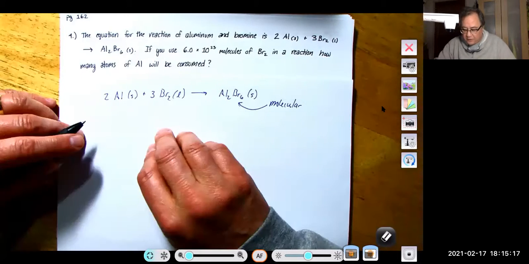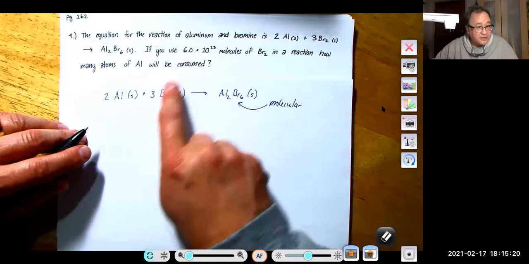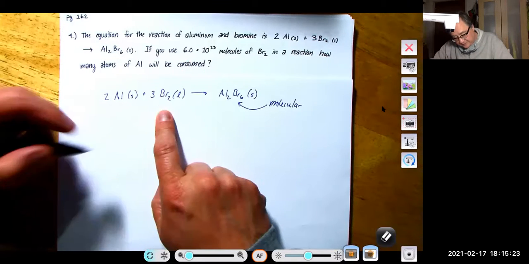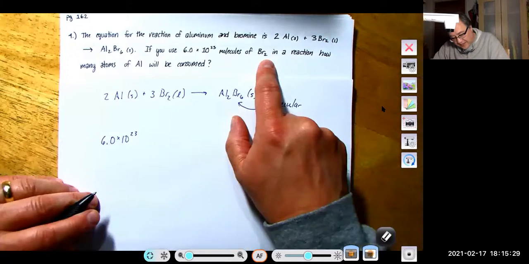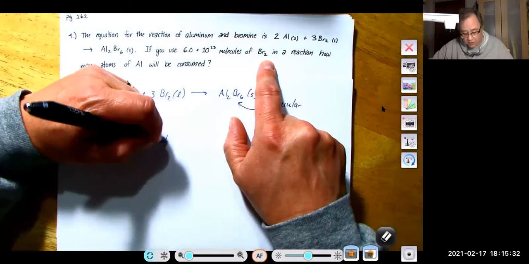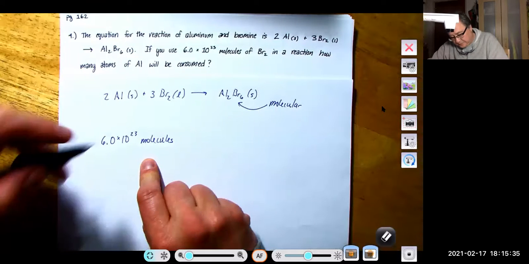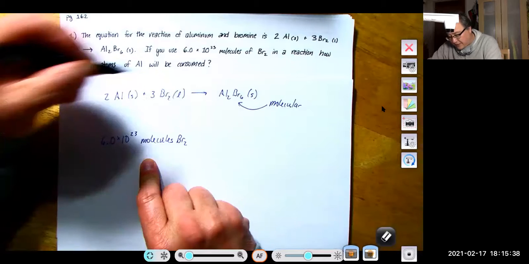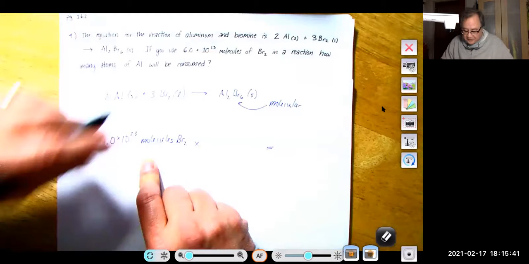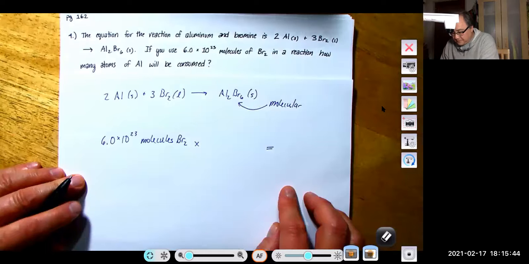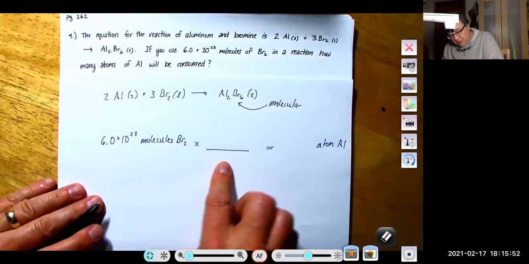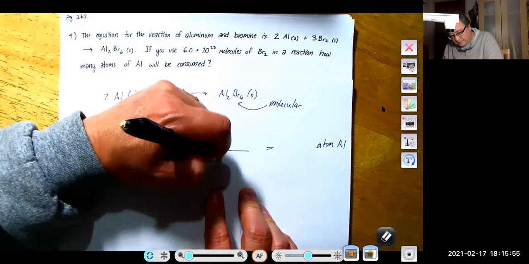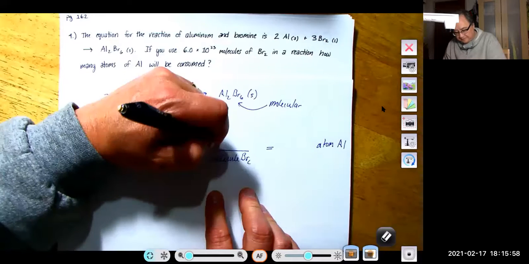Now, here, if we use 6.0 times 10 to the 23 of these, and notice they have molecules of Br2, so I'm going to go ahead and write that out. You never want to abbreviate the word molecule. And if we want to end up with atoms of aluminum, wouldn't it behoove us to multiply by something that has molecules of Br2 in the bottom and atoms of aluminum in the top?